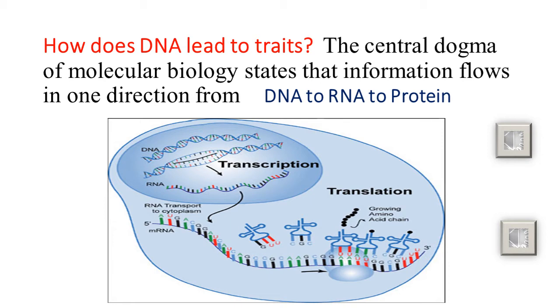As we know, DNA carries our genetic material, and our genetic material is converted into traits or proteins. Why is DNA converted first to RNA and then protein? Because to convert the DNA into protein, you have to get the information out of the nucleus.